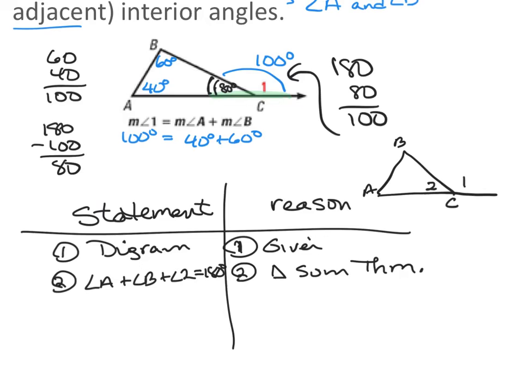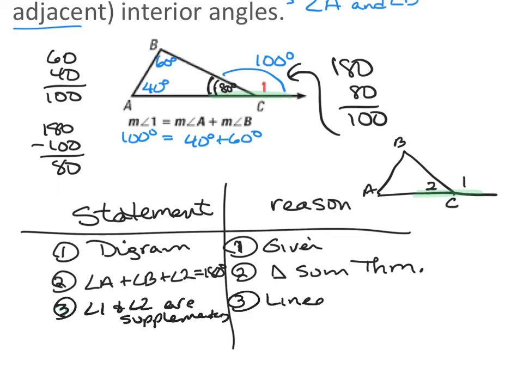The next thing I'm going to talk about is this straight angle here that makes up 1 and 2. So now I'm going to state that angle 1 and angle 2 are supplementary. And this is going to be my linear pair theorem, or postulate.